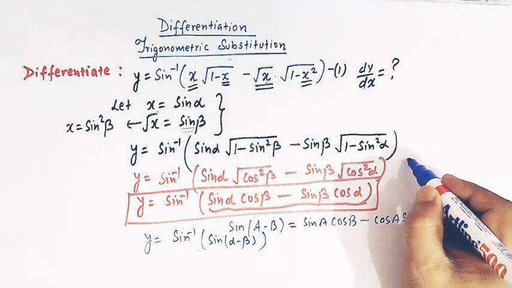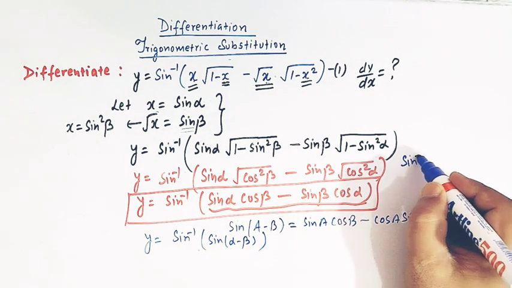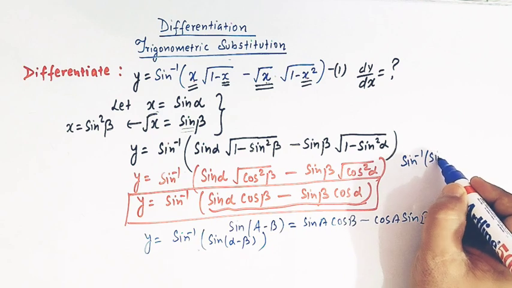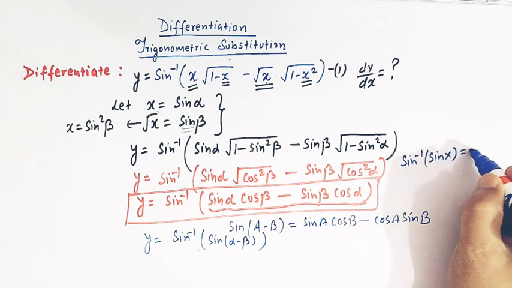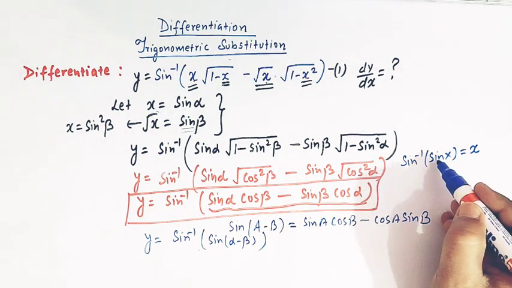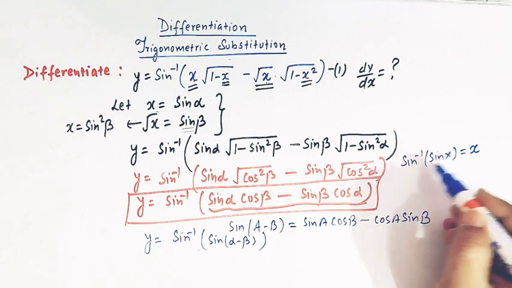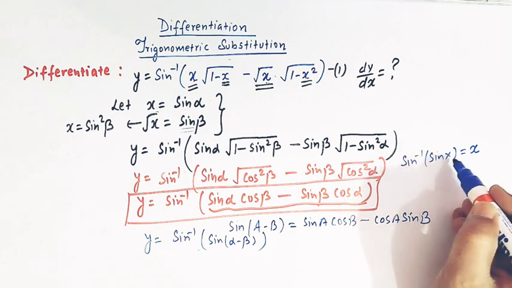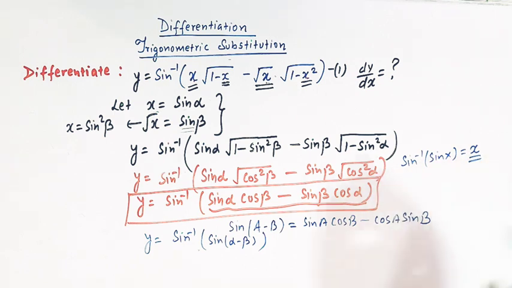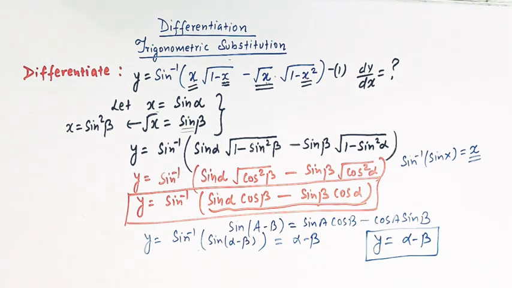And from trigonometry we know that sine inverse of, say, sine x is given by x, right? So this sine and sine inverse may be treated as cancelled, so we have x, right? Okay, so here sine and sine inverse get cancelled, so y is equal to alpha minus beta, right? So y is alpha minus beta.